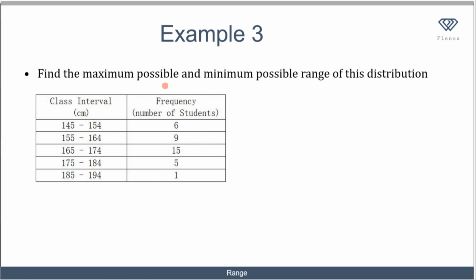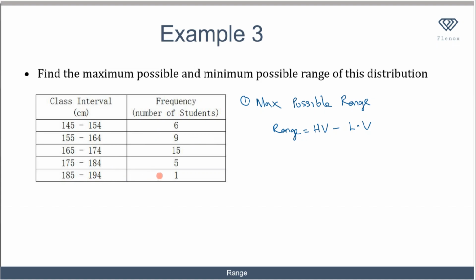So we are told to find two things. Number one, we are asked to find the maximum possible range. Now what is the range? We have discussed before that the range is equal to the highest value minus the lowest value. So how do we find the highest value?